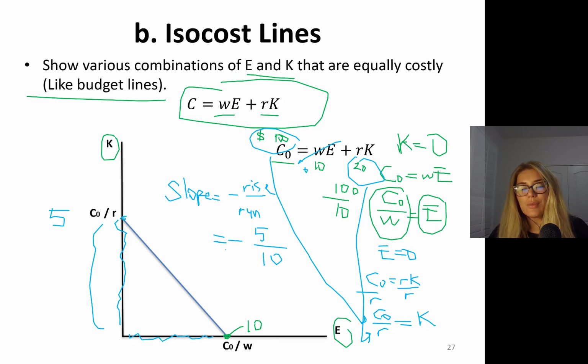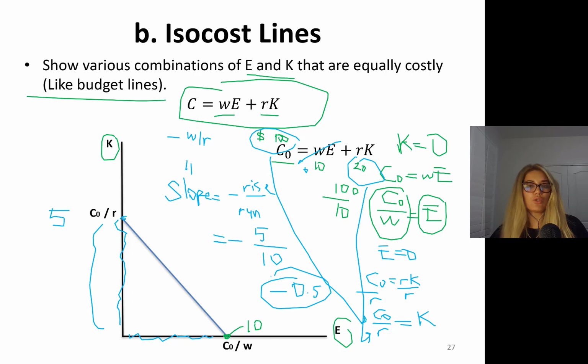So it's negative 5 over 10, negative 0.5. Another way to find the slope is the general formula, negative W over R. So negative 10 over 20, 0.5, or negative 1 over 2.